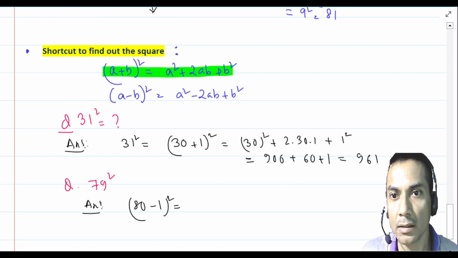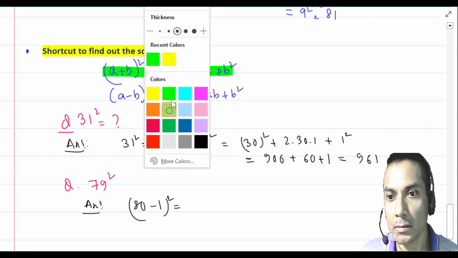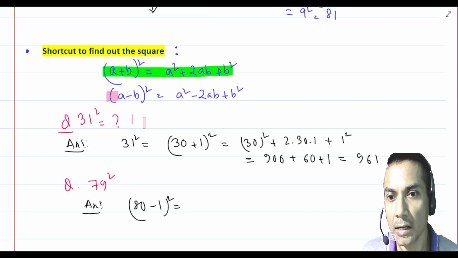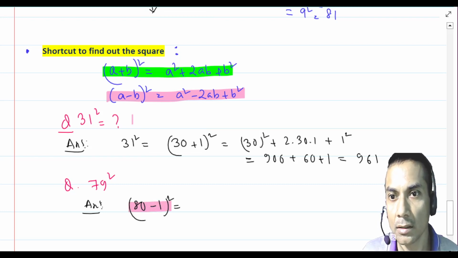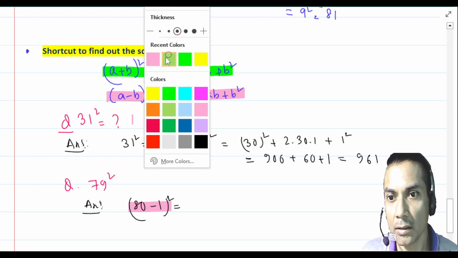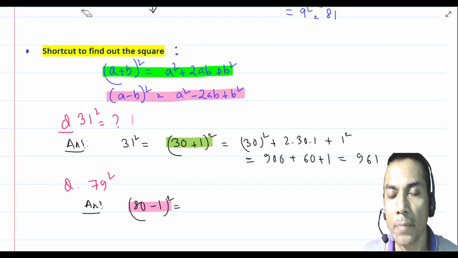So apply another algebraic identity, that is this one, a minus b whole square. Clear? Hope it is clear.